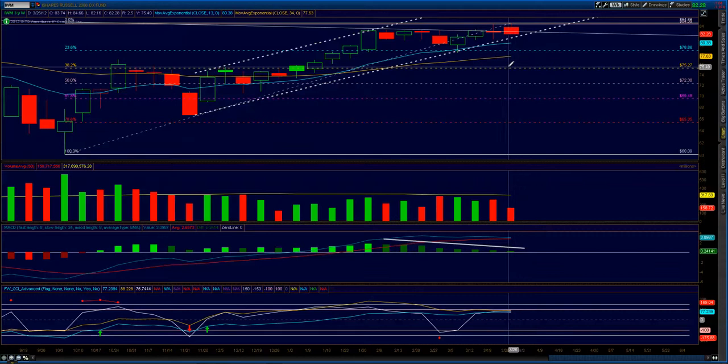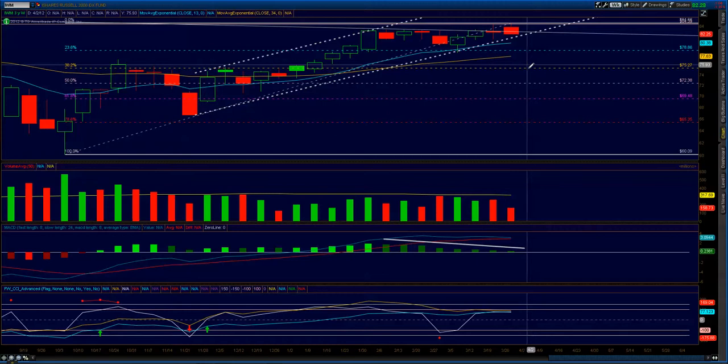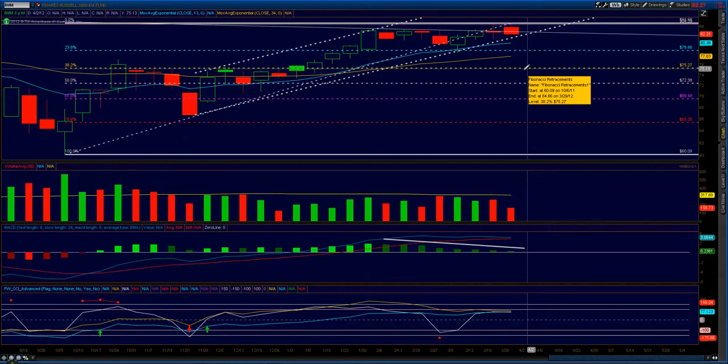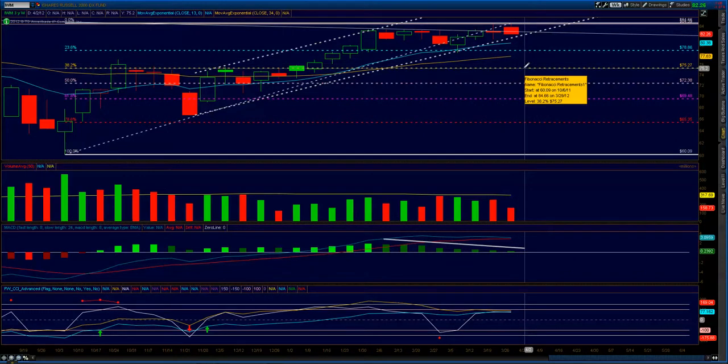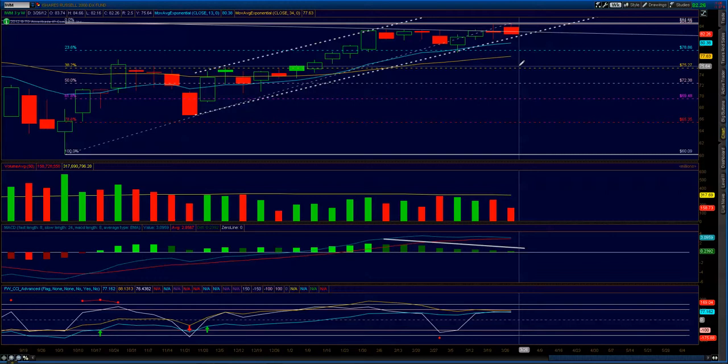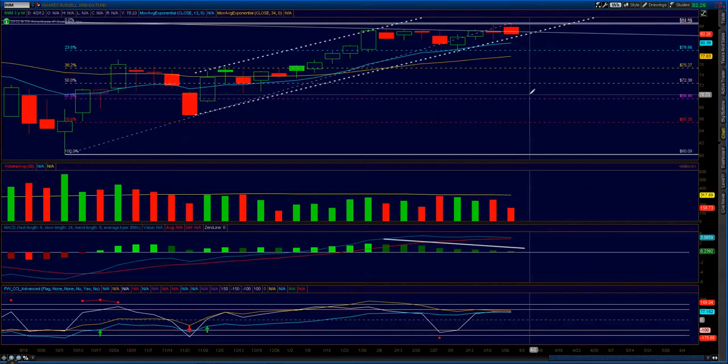It may take a couple weeks, which will also coincide with what's going on in the reporting. The first couple weeks of April, you got the reporting of the quarter for companies. So I don't see it going to the 50% retracement, but you never know. We'll see how next week starts.